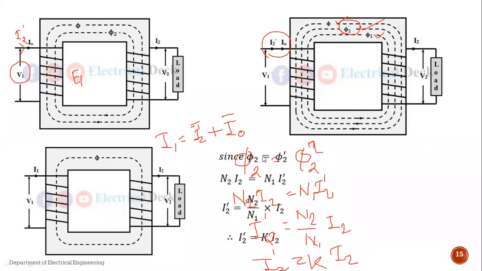Now we will discuss the phasor diagram. How to draw the phasor diagram? While discussing transformer on load condition, I have already told that the characteristics of the transformer depend upon the load connected, which type of load is connected. When the resistive load is connected, the characteristics are different.